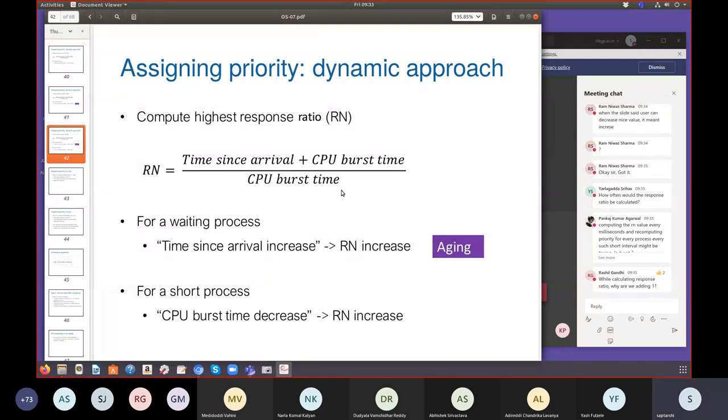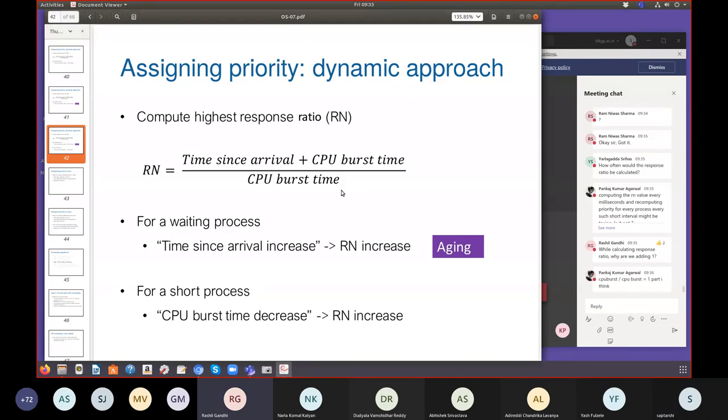Rashil, can you unmute yourself? I'm not getting your question. Sir, we are effectively doing time since arrival divided by CPU burst time plus 1. Okay, yes, fine. So time since arrival divided by CPU burst time plus 1.